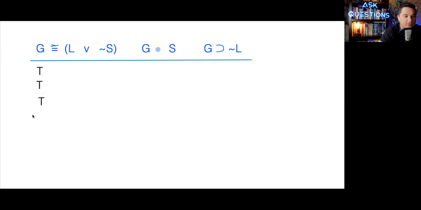So we're going to have 4 T's and 4 F's. Okay, and then this pattern will be the same here.